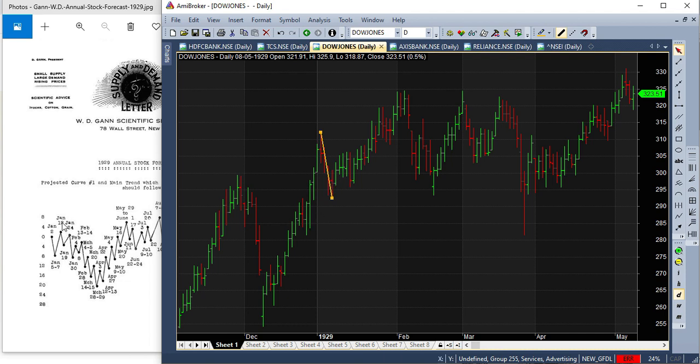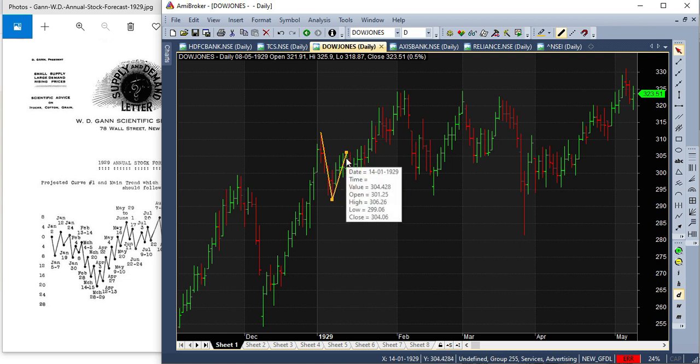Then he forecasted January 12th will be the high, and we have a high on 14th. So we can take that. If you can see, this January 12th was forecasted on a weekend. So January 11th, and then we have a pivot on January 14th. Okay, so we can take that.